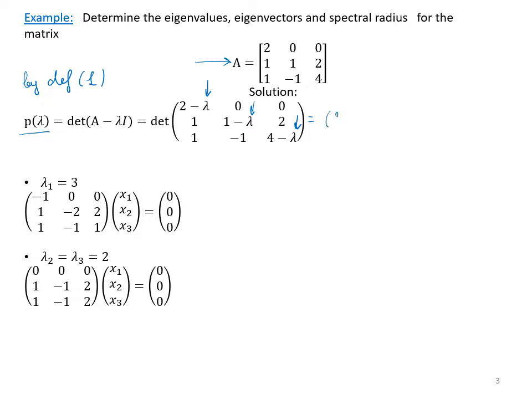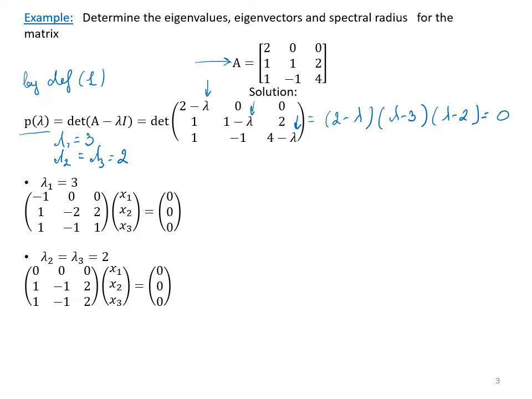If we do that, we get this expression, which is equal to 0, and our eigenvalues will be the following. Lambda 1 equals 3, lambda 2 and lambda 3 equal 2.